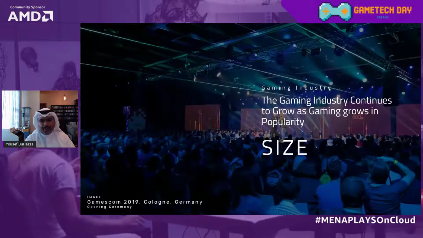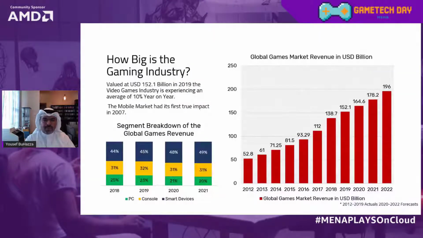Now, let's go to a little bit more of numbers instead of talks. The video games industry has been valued at 152 billion in 2019. And as you've seen, it has grown to 159 billion in 2020.